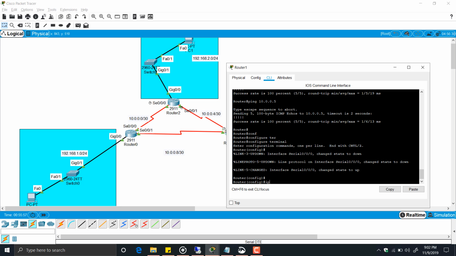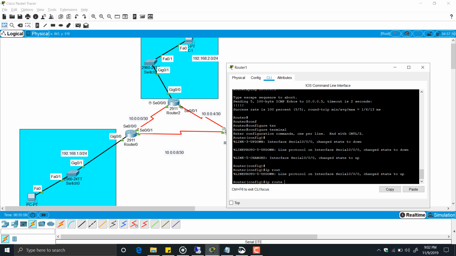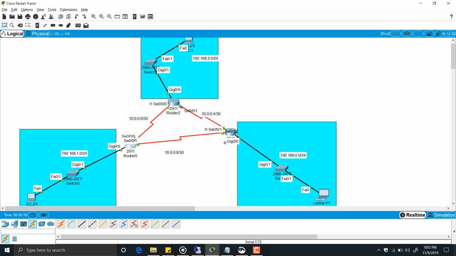Okay, so we are going to put IP route, and we're going to say when people are looking for the 192.168.1.0 network, when people are looking for this network with this mask, I'm going to give it to the 10.0.0.9, which is this router.